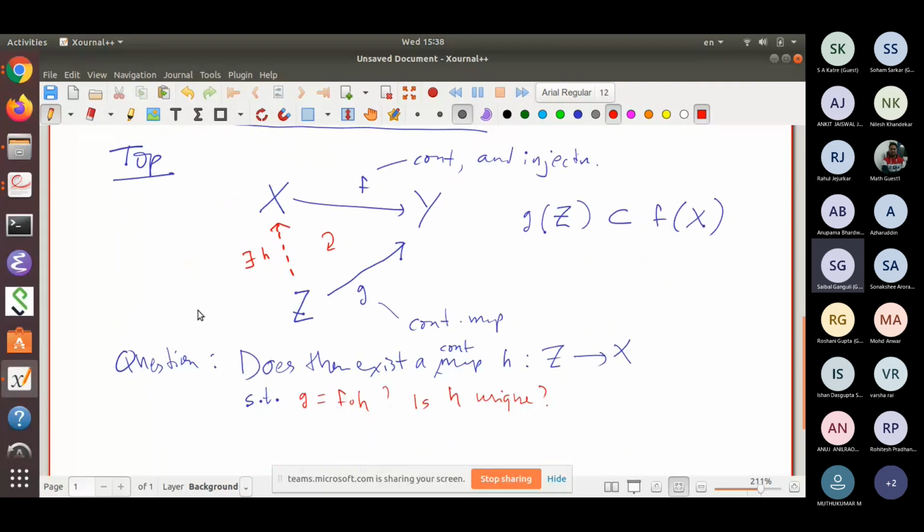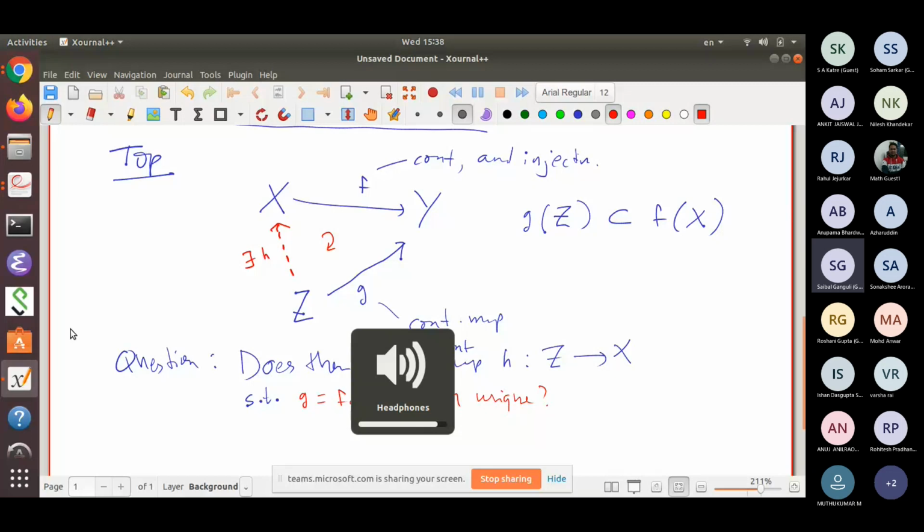And anybody wants to answer, is there going to be a map H as sets first of all? Forget topology. Will there be a map H? I don't know whether H is continuous. Will there be a map H? Chalo, answer.